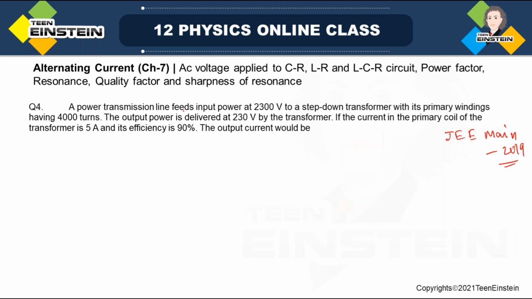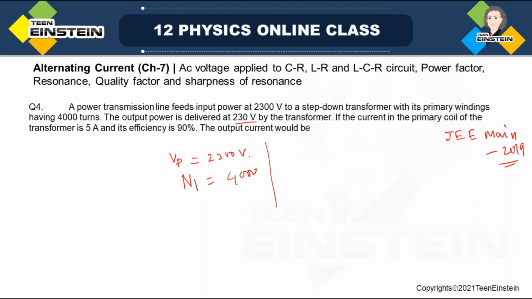If a power transmission line feeds input power, that is VP, primary or input voltage in the transformer or transmission line, 2300 volt, to a step down transformer with primary windings given as 4000, and the output power is delivered at 230 volt by the transformer.